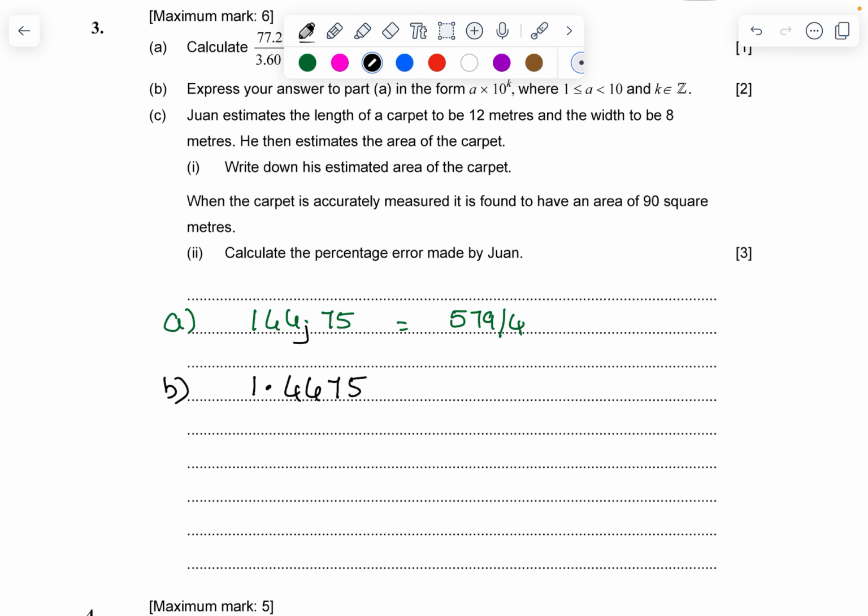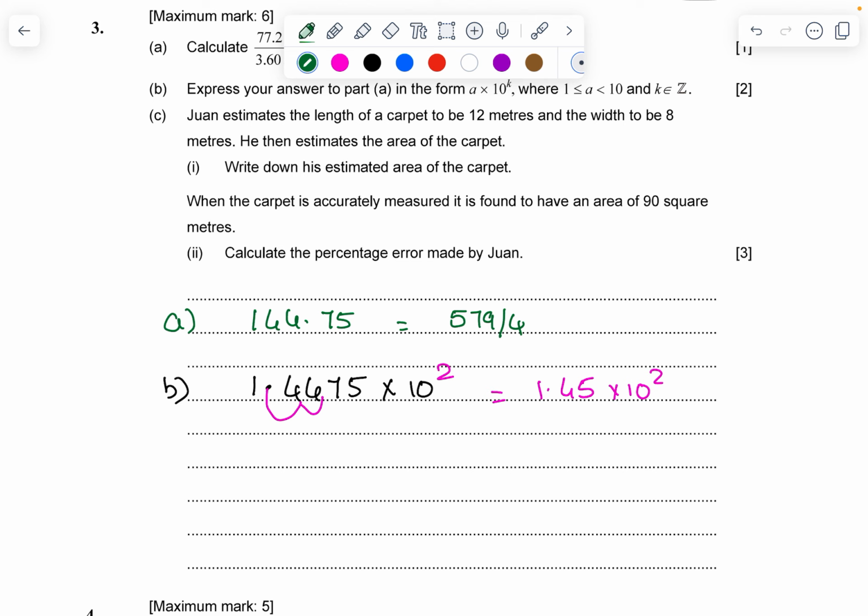We can see that the decimal point has to move 2 digits, so it is 1.4475 times 10 to the power of 2. Or you can write it as 1.45 times 10 to the power of 2.